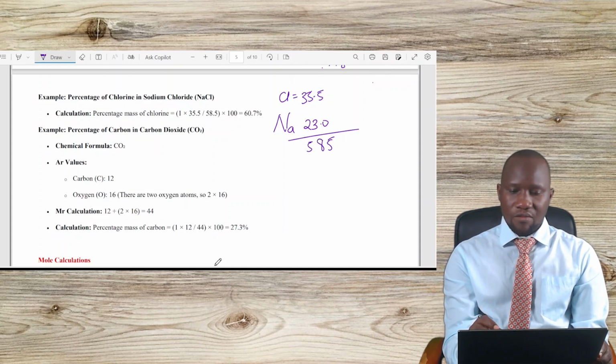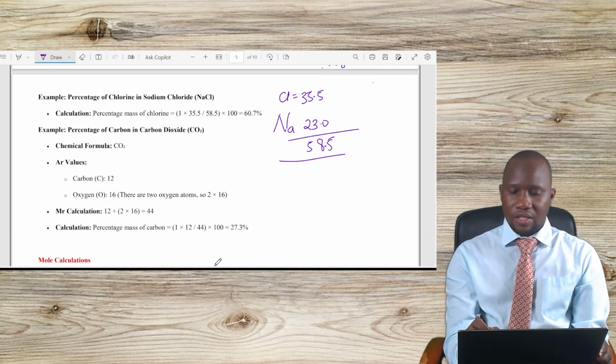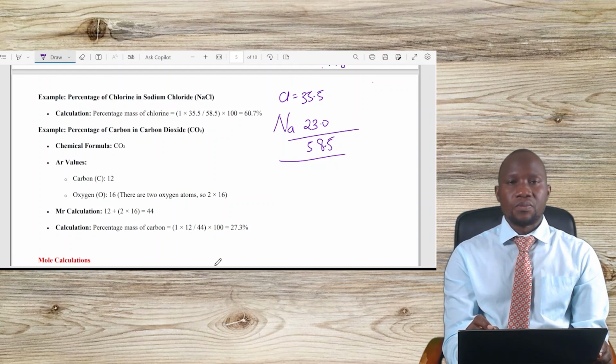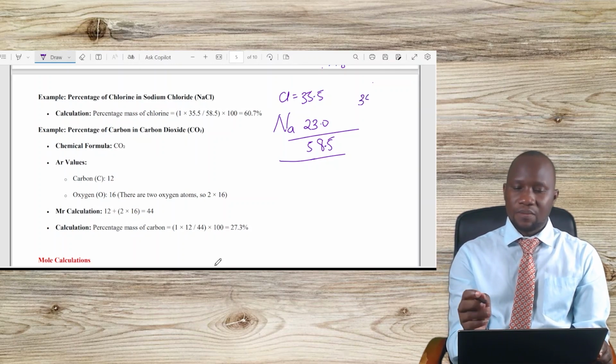So here you get 5, this is 8, this is 5, right? Yes. So that is the relative formula mass for sodium chloride. Okay, so out of this, 35.5 is chlorine, and it's what we are looking for, the percentage for it.